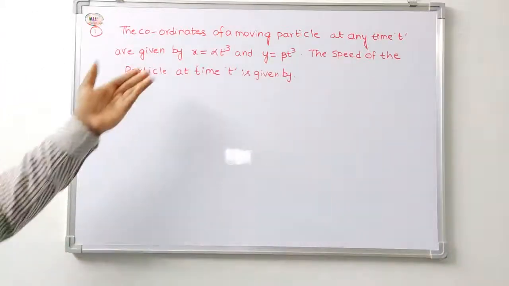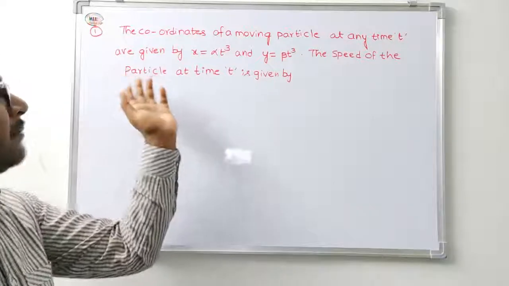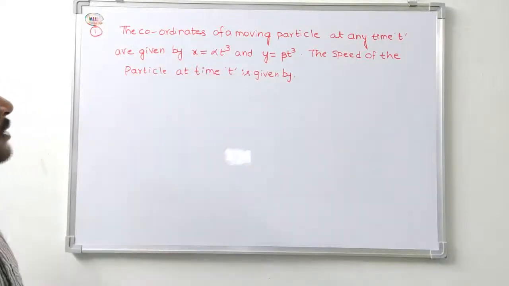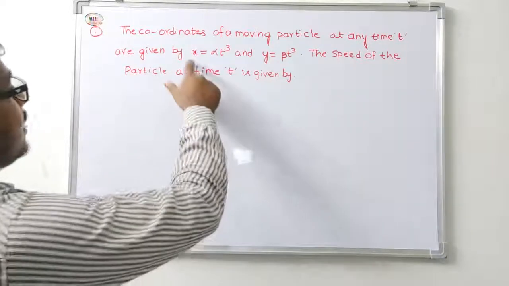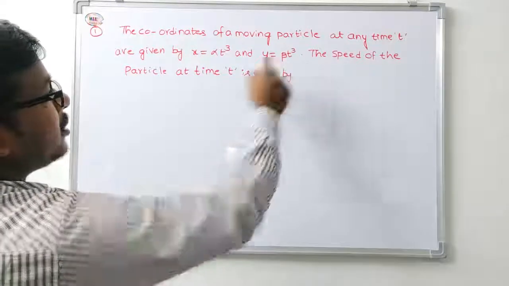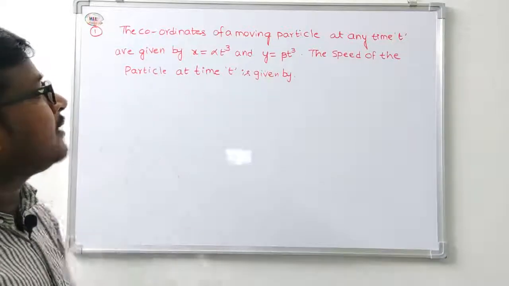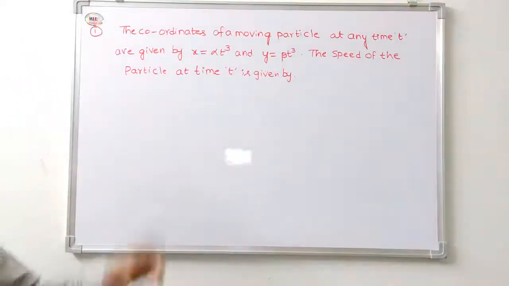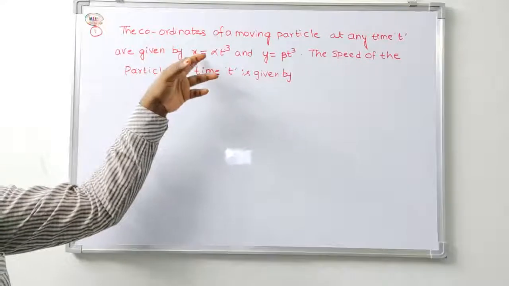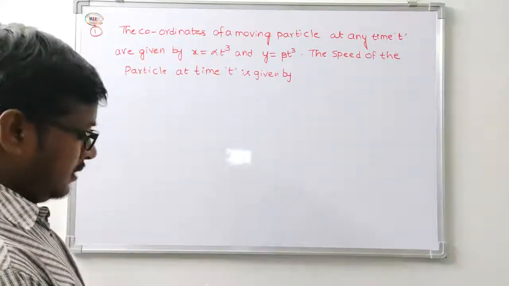The coordinates of a moving particle at any time t are given by x equal to alpha t cube and y equal to beta t cube. The speed of the particle at time t is given by? Okay, in these two coordinate systems we have x and y, alpha t cube and beta t cube.